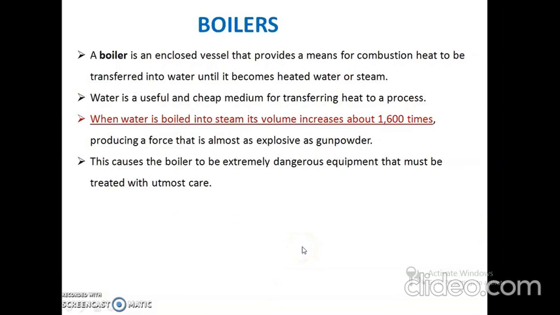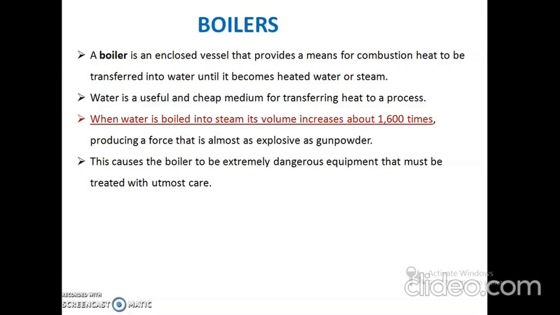Then come to our utility, that is the boiler. A boiler is an enclosed vessel which provides the means for combustion heat to be transferred to water, which is then converted into steam. So water is a useful and cheap medium for transferring heat to a process, that we all know.